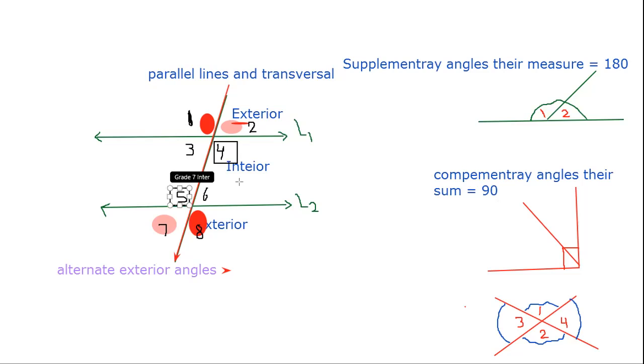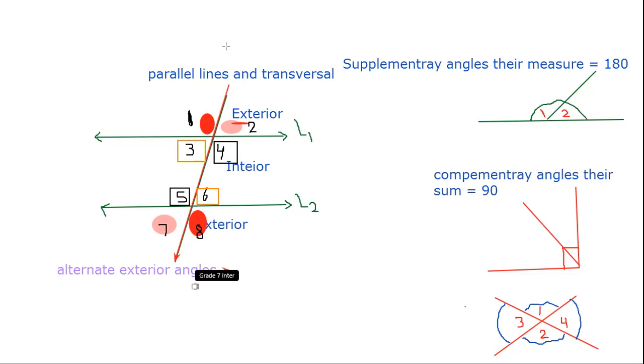Angle 4 and angle 5, we can say that those two are alternate interior, because we have one right and one left, and they are lying in the interior region. Do we have another pair of alternate interior? Yes, we have angle 3 and angle 6.